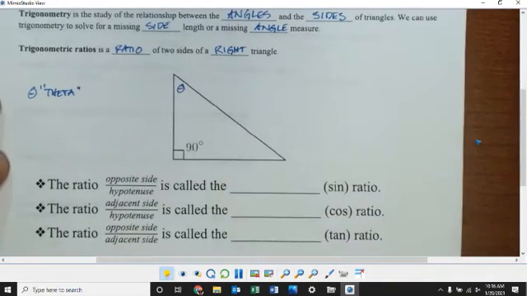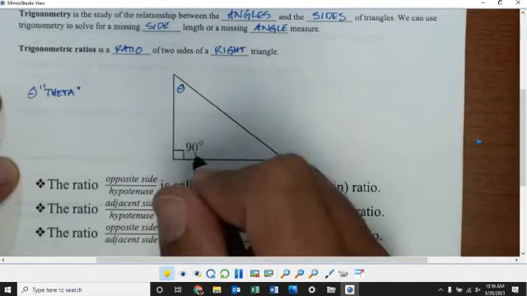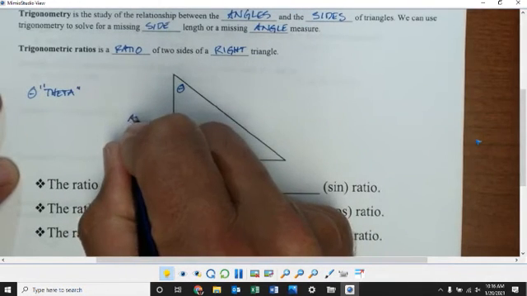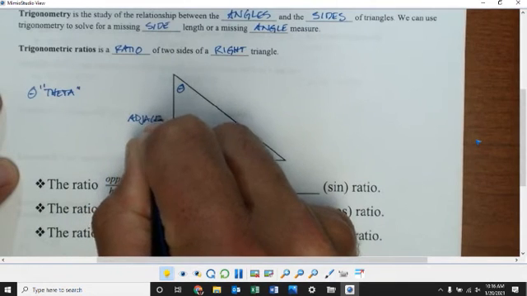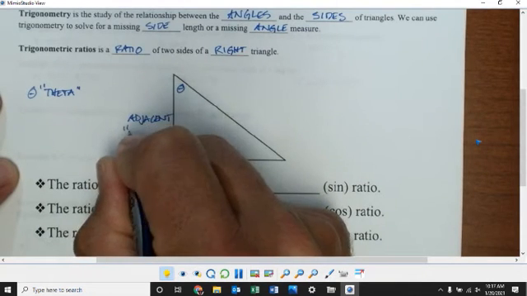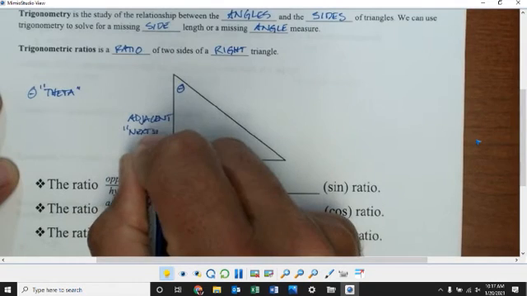Now, if I look at my angle theta right here, I can name the three sides relative to angle theta as where they're located. We have the adjacent side. All right, and remember, adjacent means next to.